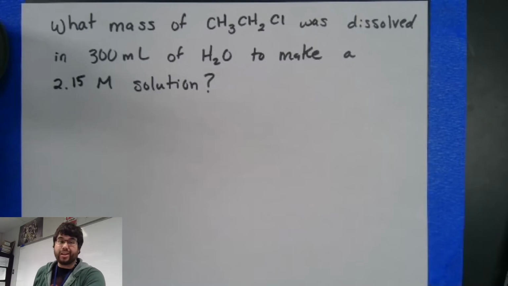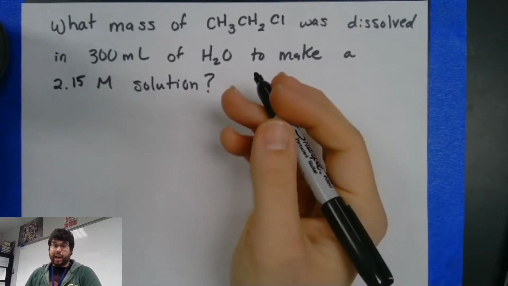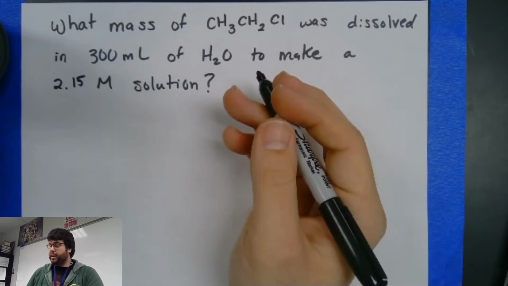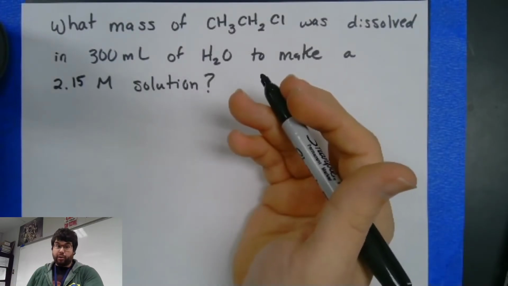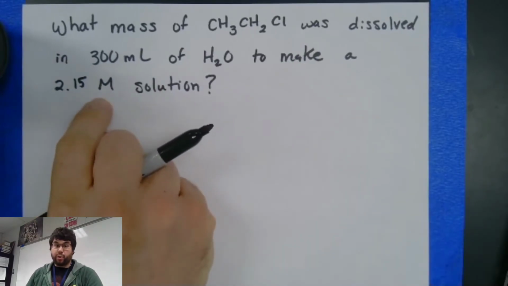And then the person says, make 2 liters or 300 milliliters or whatever. And so you have to figure out on your own how much stuff to measure out of a bottle and then put into the water and stir, and then I have my solution. So that's this kind of question here. How much CH3CH2Cl, ethyl chloride, that's what it's called, are you going to need out of the bottle to put in 300 milliliters of water to make a 2.15 molar solution?